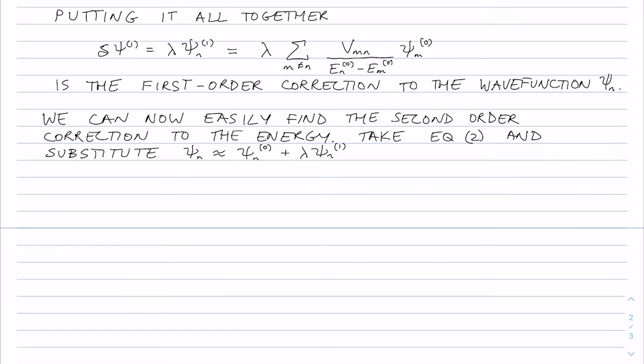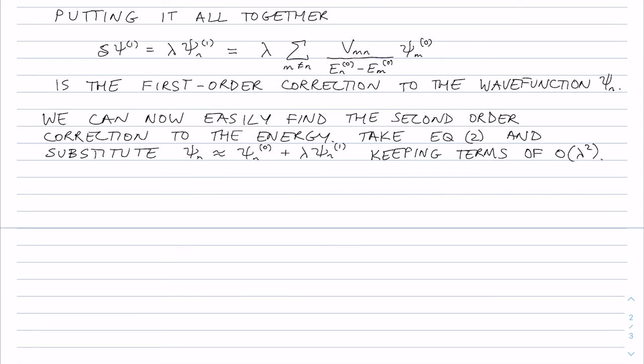We substitute psi n equals psi n naught plus lambda psi n 1, and we're going to keep terms of order lambda squared.